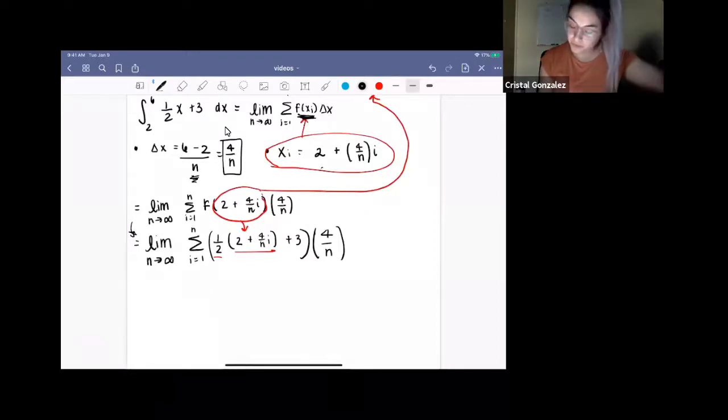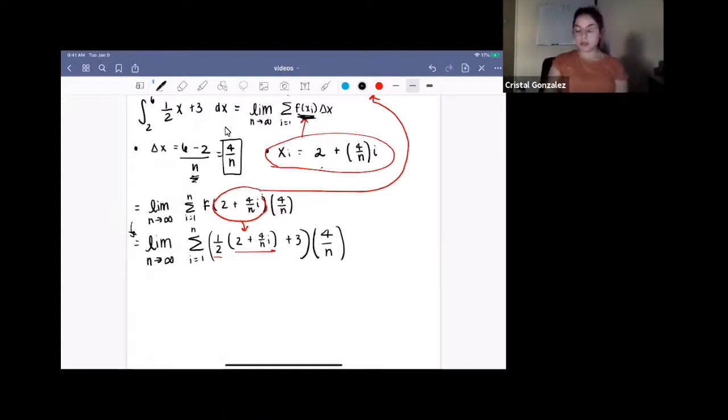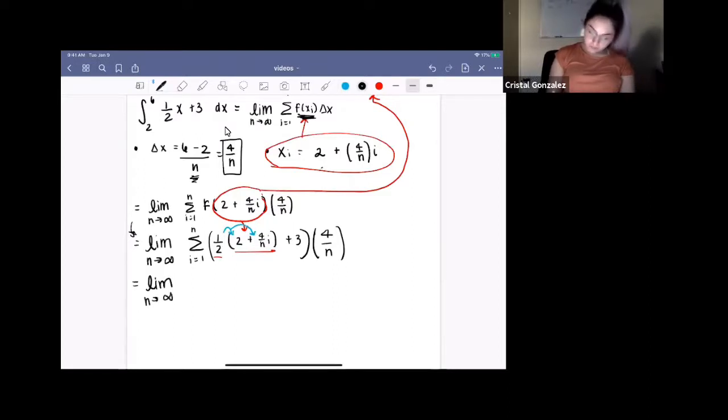Okay. Now after this, I would highly suggest simplifying this so that we can evaluate it, because at the end we want to evaluate this sum and hopefully replace our i by one of those nifty formulas that we found earlier. So now what I want to do is distribute this 1/2 over because it's in my way. We're going to write the limit as n approaches infinity, sum from i equals 1 to n.